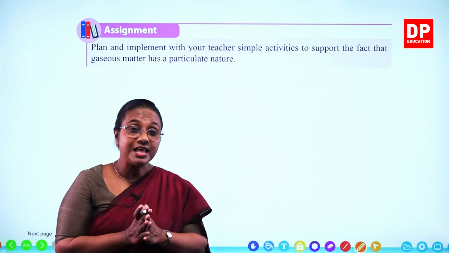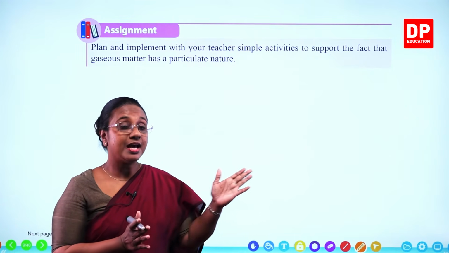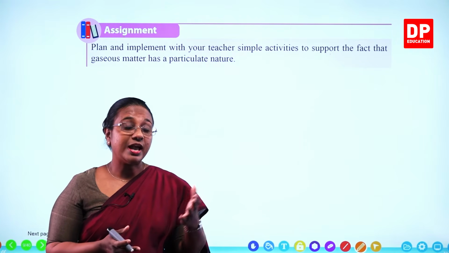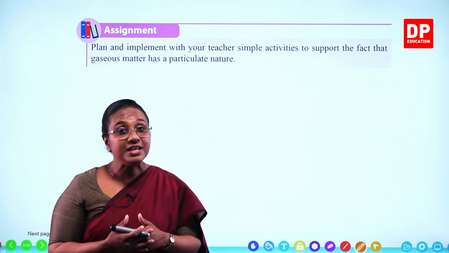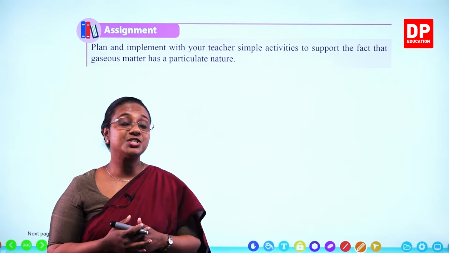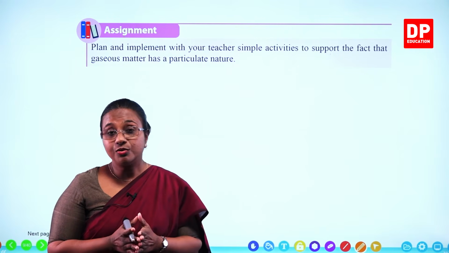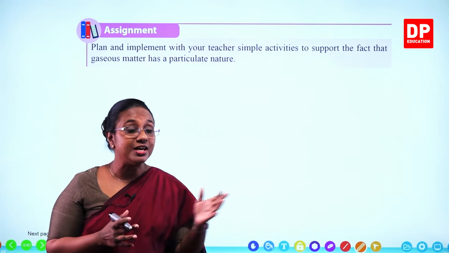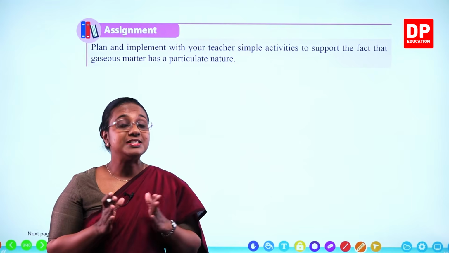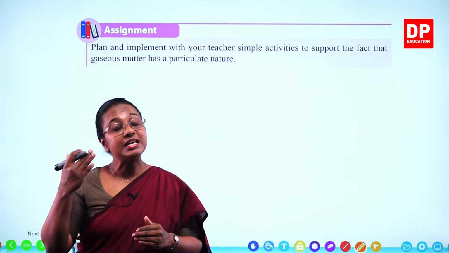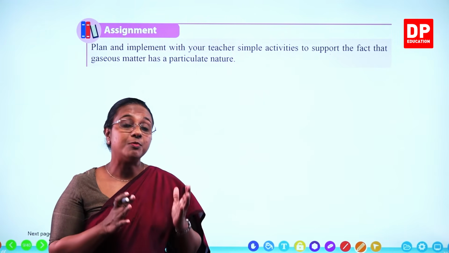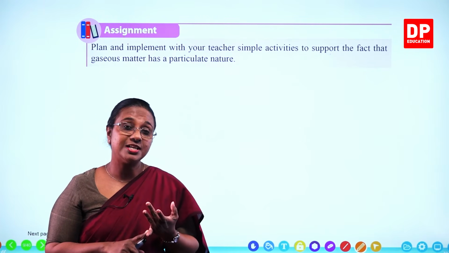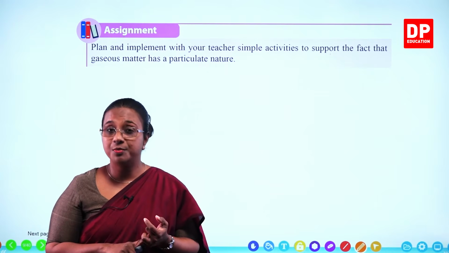If you are in the lab, you can prepare nitrogen dioxide gas, which is a brownish color gas, or you can produce bromine gas, also a brownish color gas, or else chlorine gas that has a light yellowish green color. You have learnt about chlorine before, but sometimes chlorine is not that visible, whereas bromine gas is more visible. So we can use either nitrogen dioxide or bromine gas.